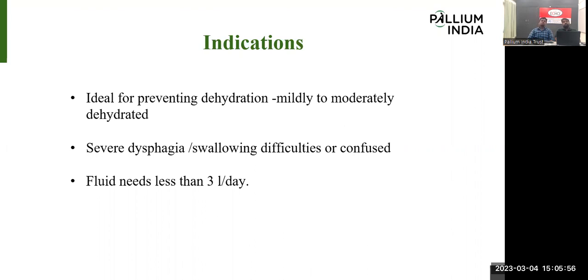Then, if the patient has swallowing difficulty and oral intake is very much reduced, or the patient is unable to take anything orally, we can give the injections or infusions subcutaneously.